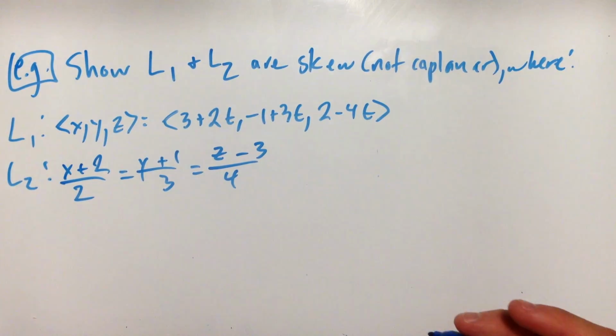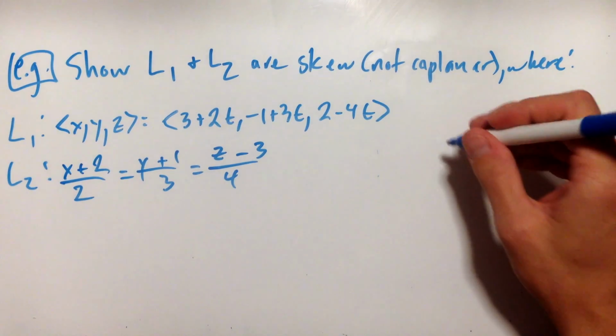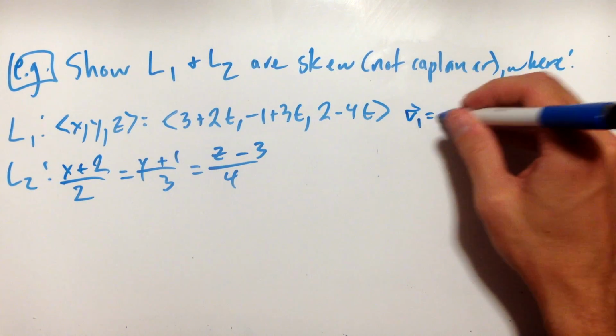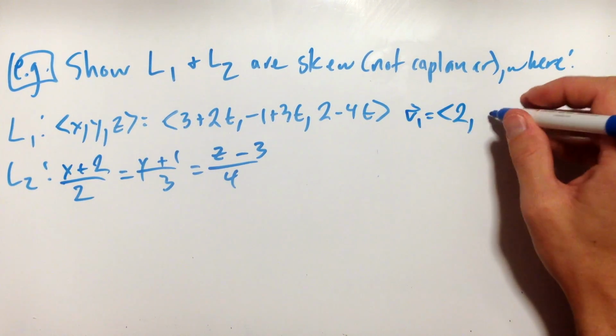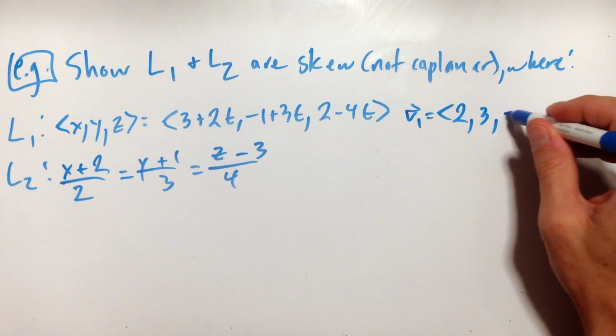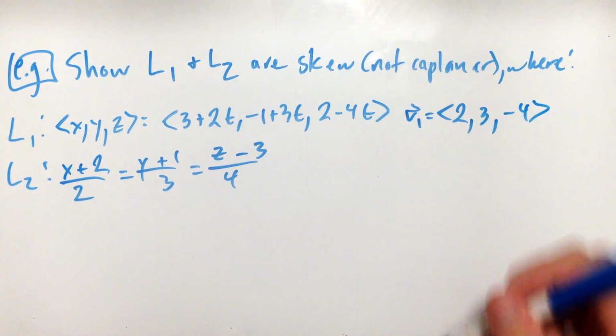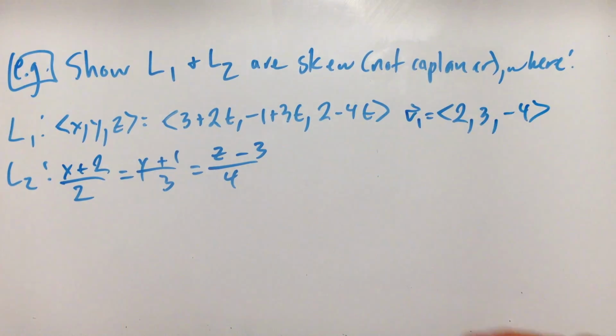So L1 here has vector, let's call it, V1, with components 2, 3, negative 4. This represents the direction. If this is A, B, C for a line, then that's our vector.